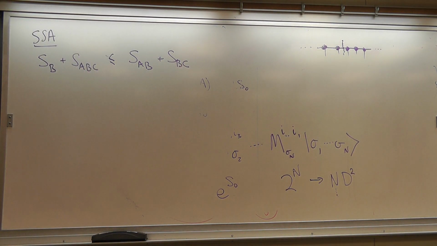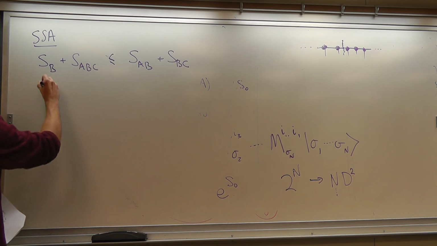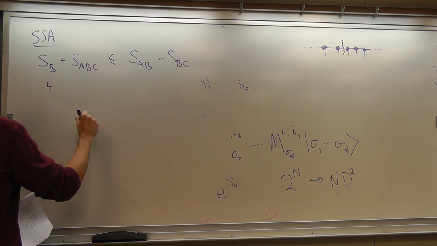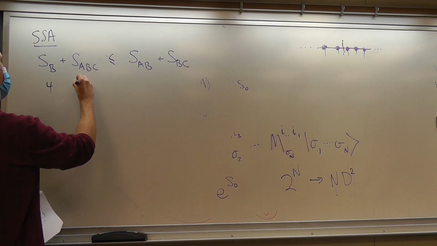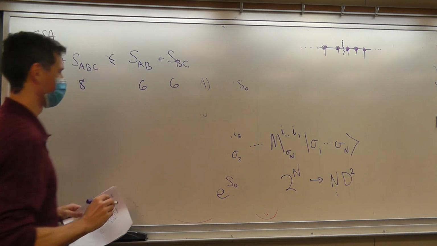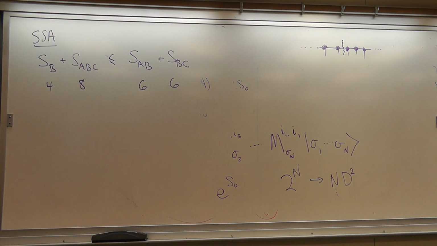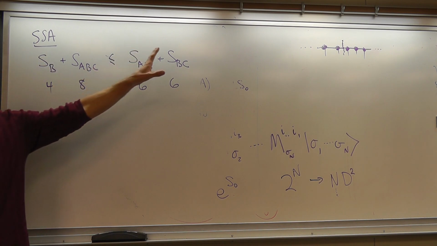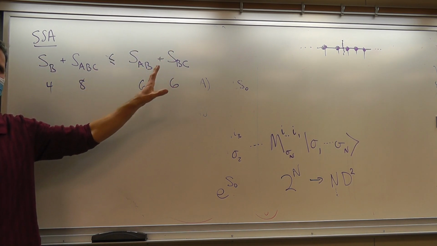So if you look at the area law divergences here, you can add them all up and they cancel on the two sides. So like this one has 4 infinity, this one has 8 infinity, this one has 6, and this one has 6. Okay, so for every piece of that boundary that shows up on the left-hand side of this inequality, that piece of the boundary also shows up on the right-hand side of this inequality.